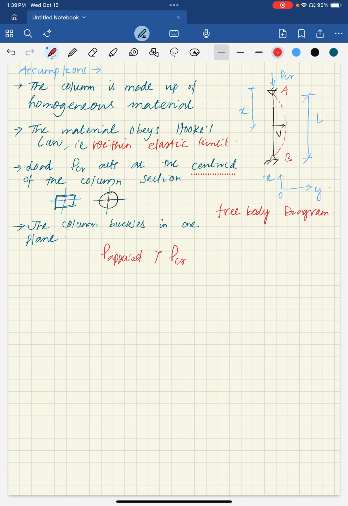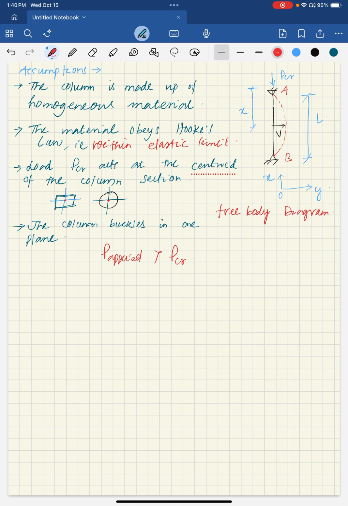Now the buckling shape is also going to be different for different boundary conditions. In this condition, as you can see, this is parabolic, and we have some slope at point A and point B.